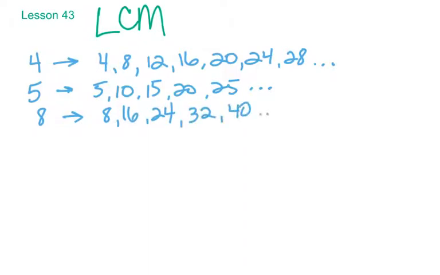And again, if I just keep adding 8 each time, I could have this long list. So we can create these long sets of multiples, but when we want to find the least common multiple, we want to find the multiple that they have in common that's the smallest possible one.